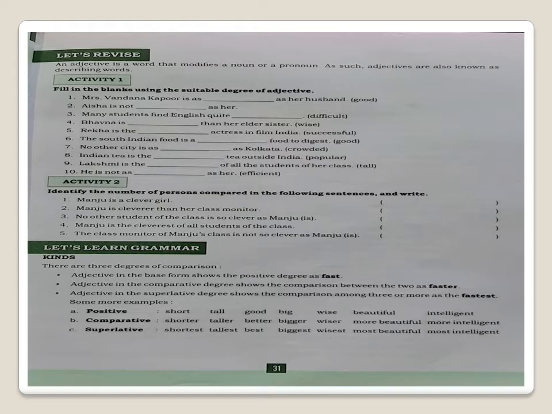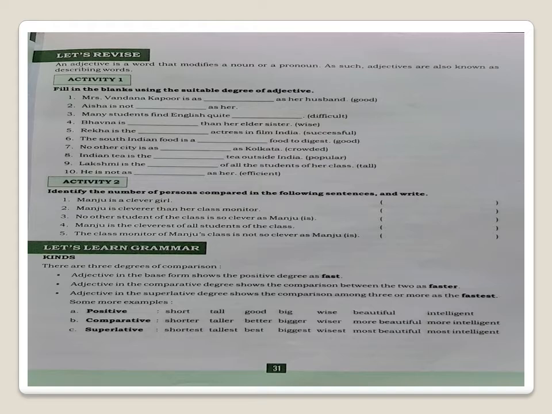Here in the superlative degree we are using most when the adjective contains more than 6 letters, and in the comparative we are using more when the adjective contains more than 6 letters. But there is an exception for some words that I'll give you also.